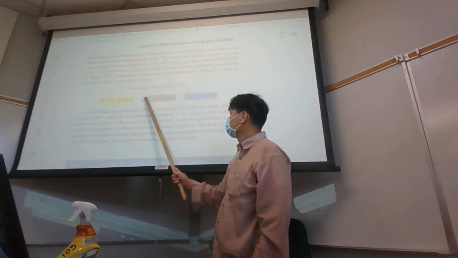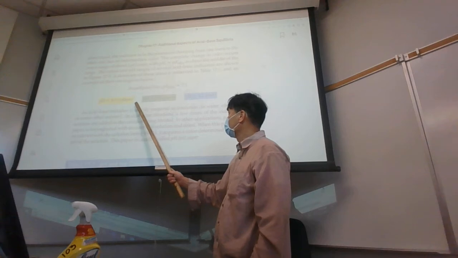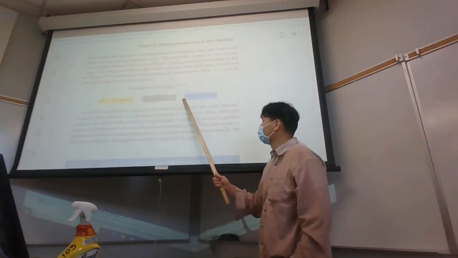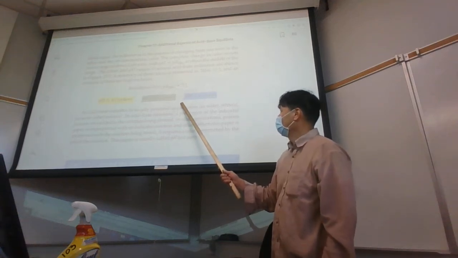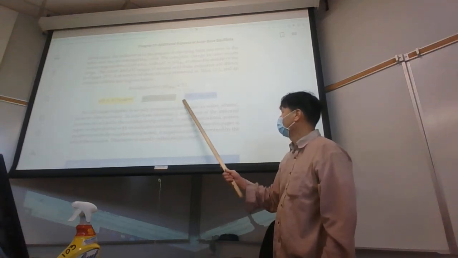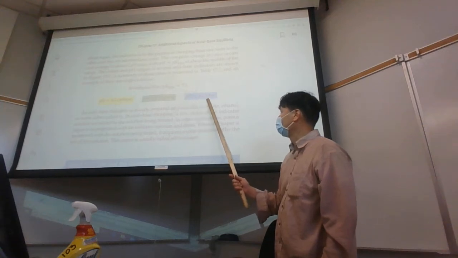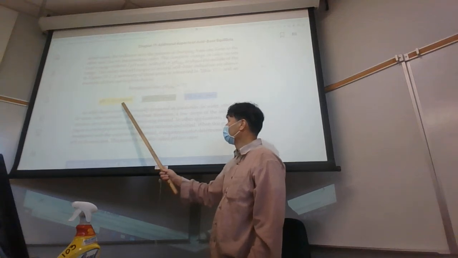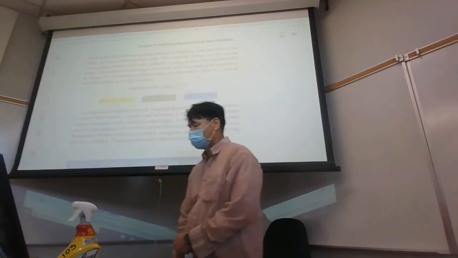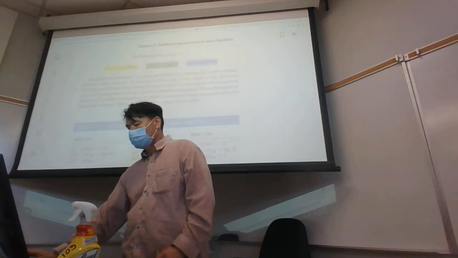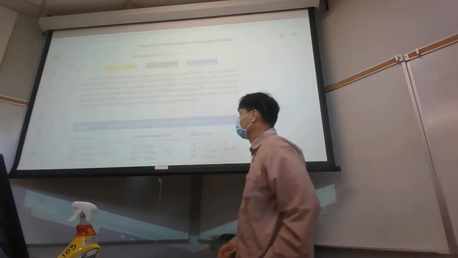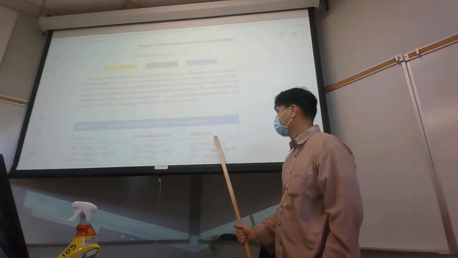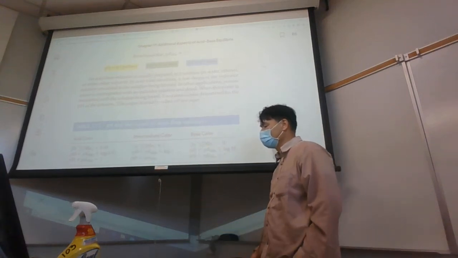And the green would start appearing at about a 1 to 10 ratio, which would be 6.1, and persist all the way to about a 10 to 1 ratio, which would be plus 1, or 8.1. And then above 8.1, the base color dominates, which is blue, and below 6.1, the acid color dominates, which is yellow. So this is just showing the 1 to 10, 10 to 1, and the intermediate color in between those two.